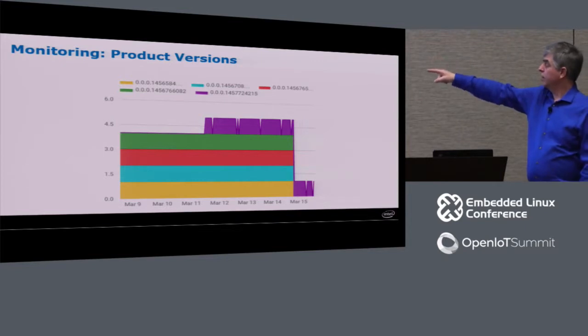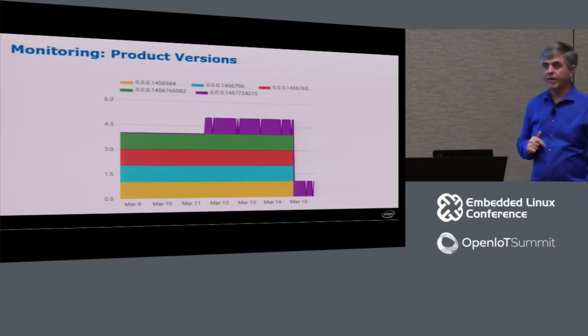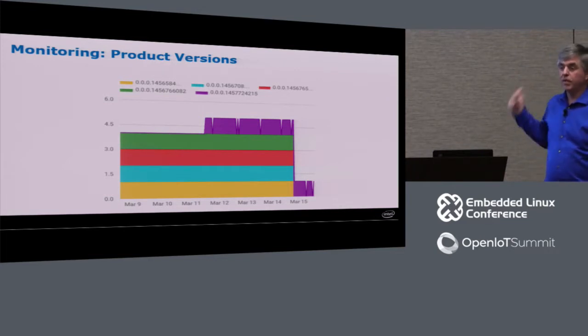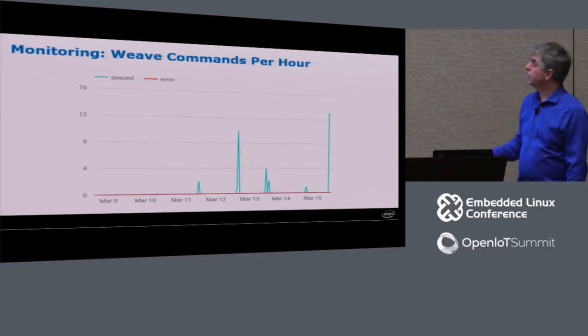The console will track all the versions that have been released and the number of devices using each version. So if you see that some devices are not getting updated, they're using old versions, you'll be aware of it. It's useful for tracking issues in the field.